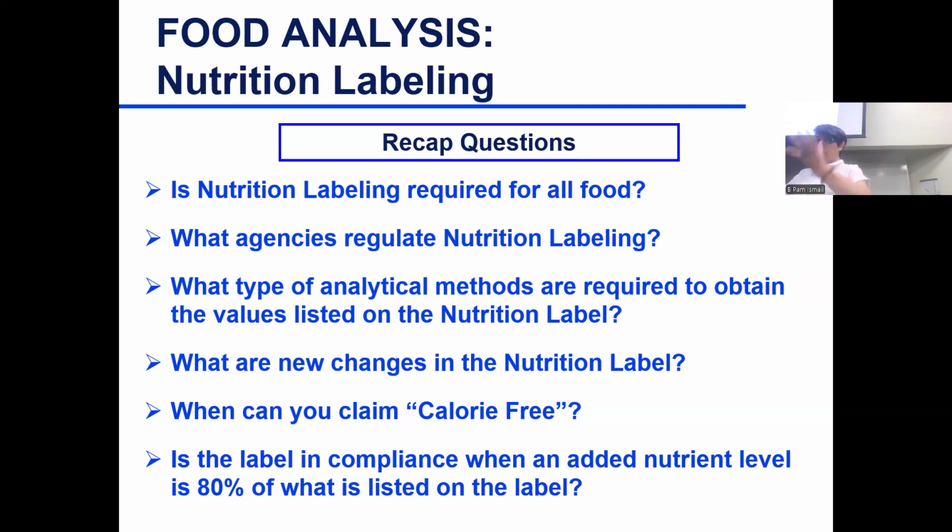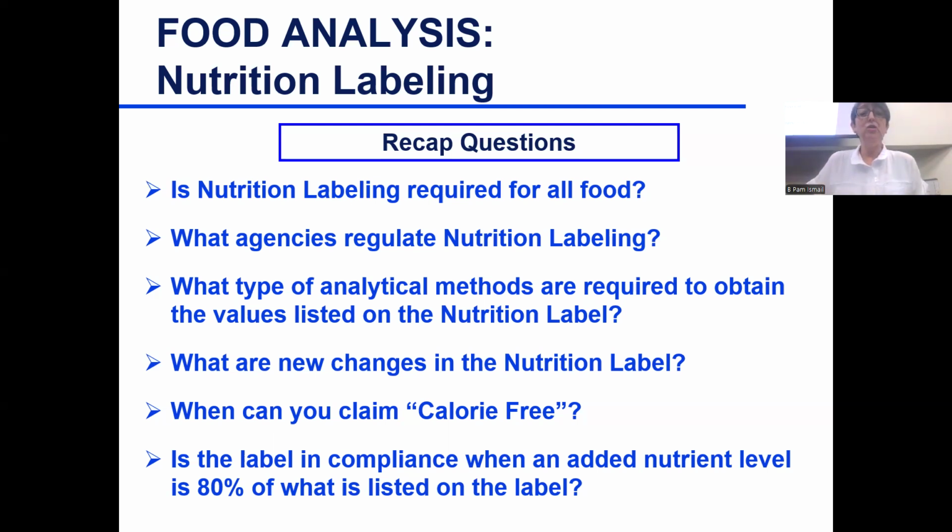It's a category, official methods of analysis. And by official, meaning they have been approved by an official organization, like AOAC, which stands for Association of Official Agricultural Chemists. That's one organization.